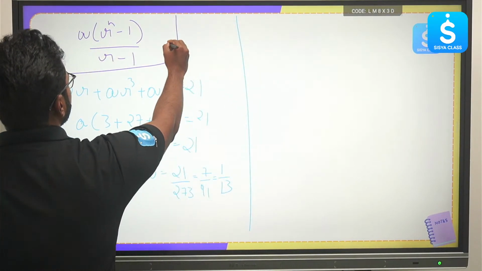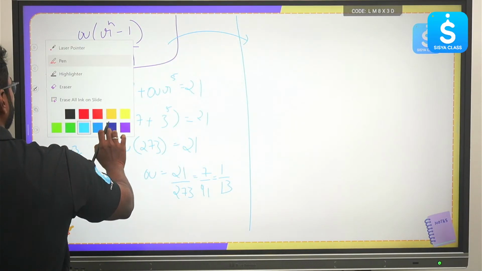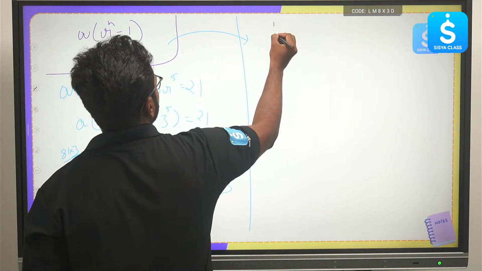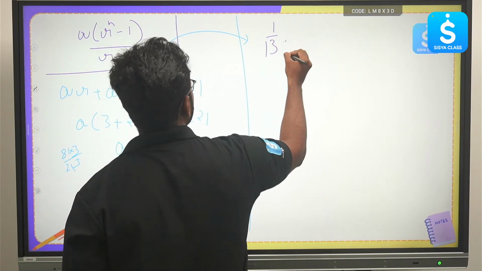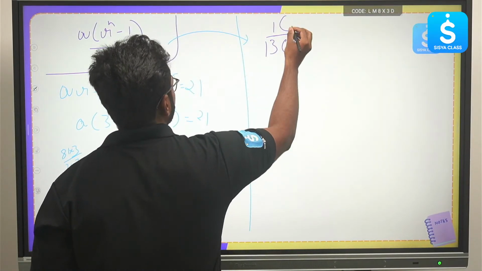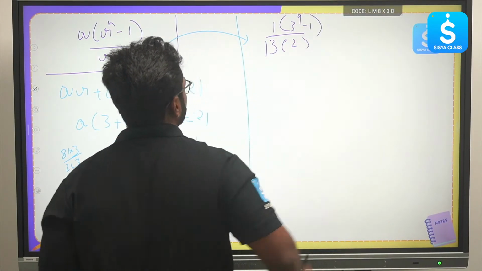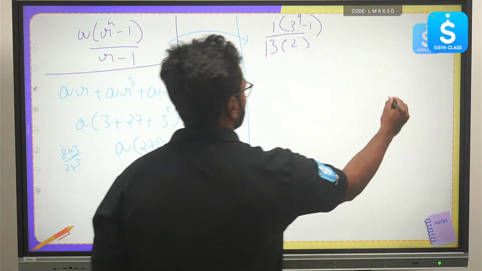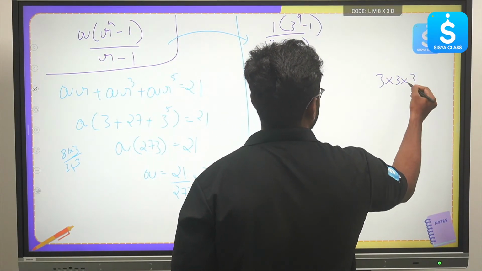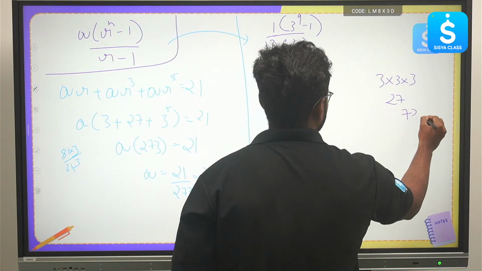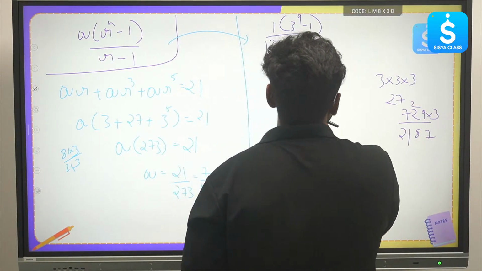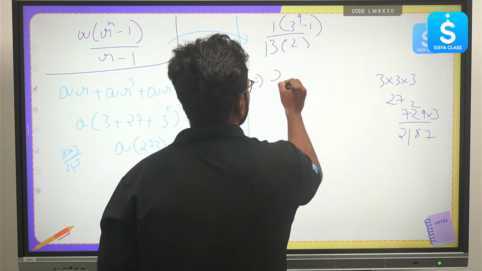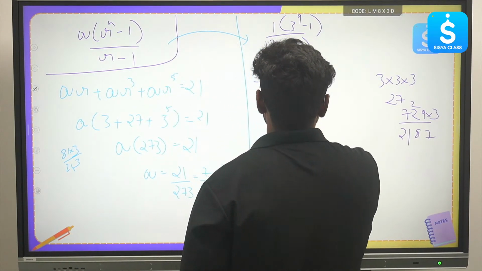Now let us apply the sum of n terms. It would be A, 1 by 13, into R power n, 3 power 9, minus 1 by 2. Hope you understood this, right? We'll find the 3 power 9. 27 into 27 would be 729, into 3, 2187, minus 1 gives 2186 by 26.